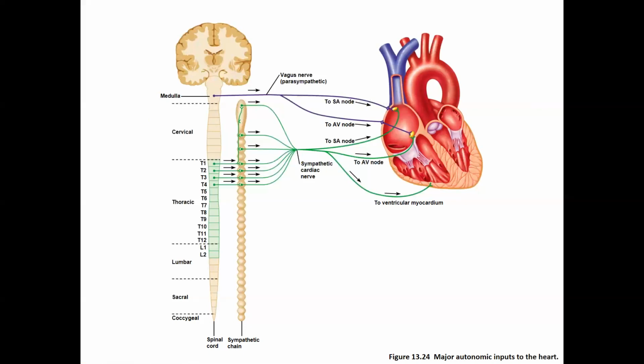All right, now the vagus nerve is only going to influence the SA node and the AV node, okay? It's only going to influence the SA node and the AV node. It's not gonna have a very significant influence, in fact, almost none, on the ventricular contractile cells. It's only going to influence those pacemaker cells, right?